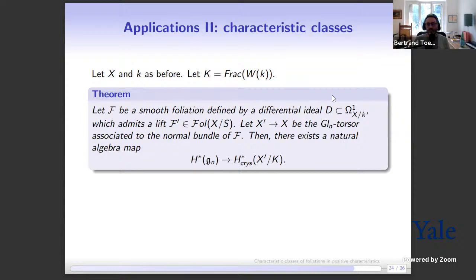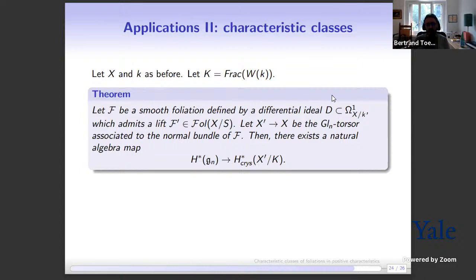So I have the fraction field of the Witt vectors, and suppose that I have a differential ideal, which is a subbundle, and again assume it has a lift, or F prime, over S. Then you do get this map. If I look at X prime, the total space of the normal bundle over X, you have this canonical map, and this is crystalline cohomology with coefficients in K, so it's rational crystalline cohomology.